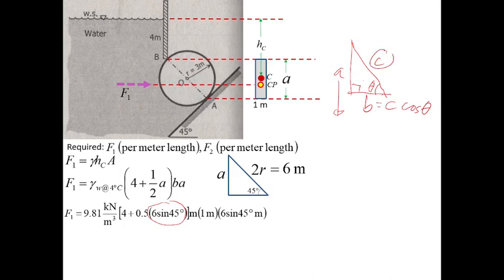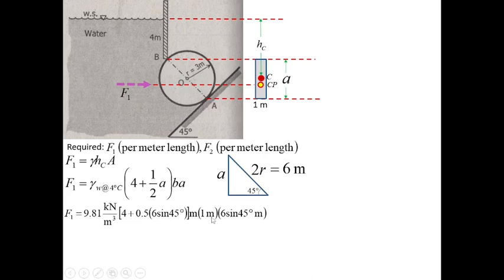So, kaya C, hypotenuse, sine theta. Ganun lang ang shortcut. Kaya 6, kasi A ang hinahanap natin, 6 sine 45 degrees. Okay, kaya naging ganun siya. Okay?